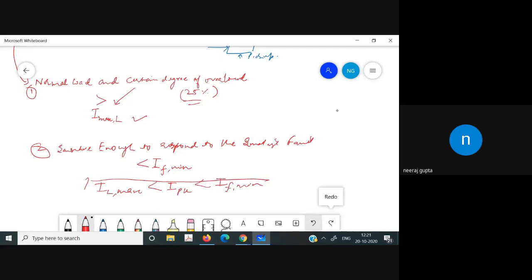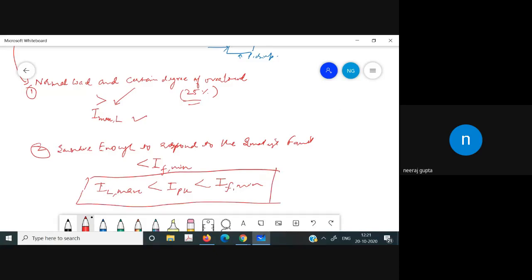This rule we have to take into consideration while deciding the pickup setting of the relay.